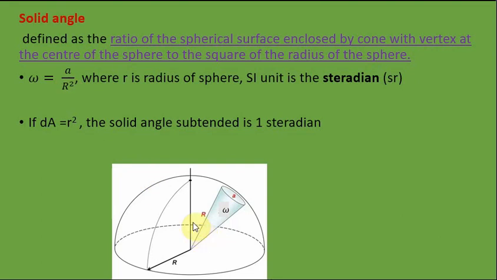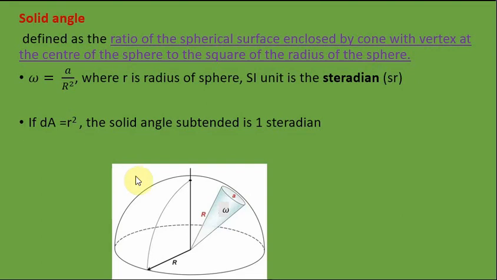This ratio is called solid angle. Its SI unit is steradian, usually represented by sr, and if the radius square is equal to the area, then it will be equal to 1 steradian.